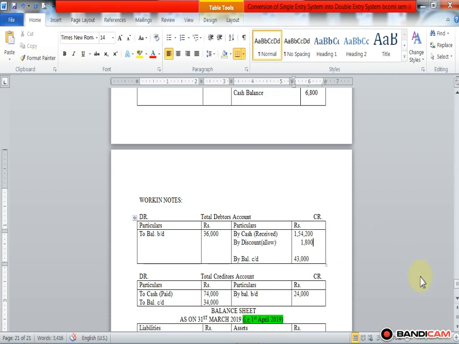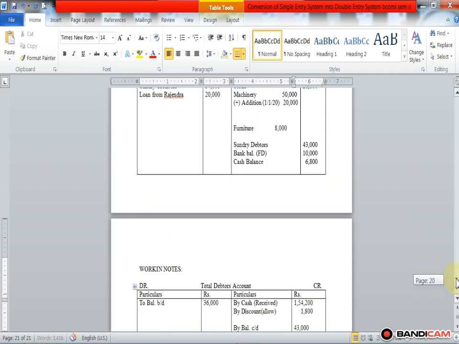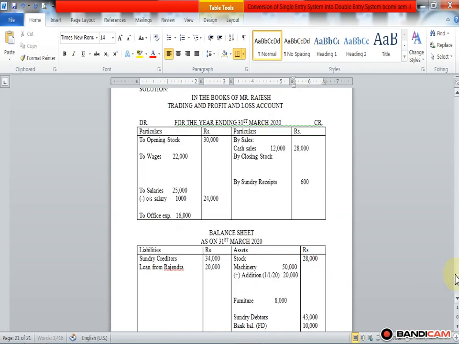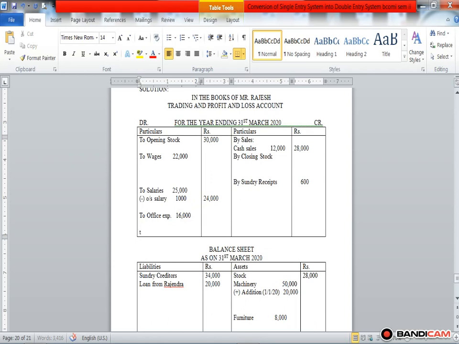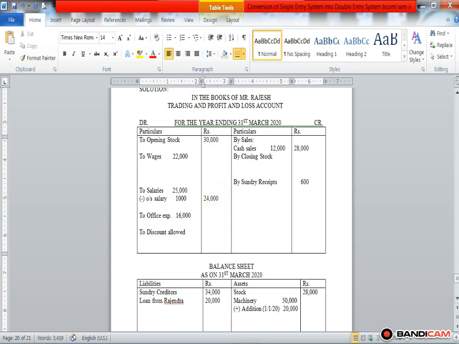Okay, and the second effect on the debit side of profit and loss account, because discount allowed is our expense. So to discount allowed amounted to rupees 1,800.